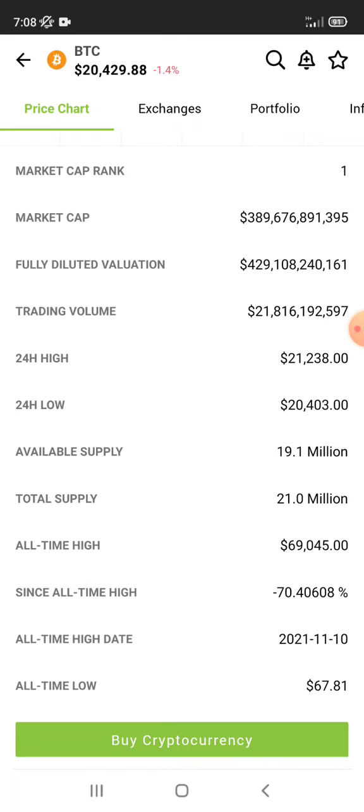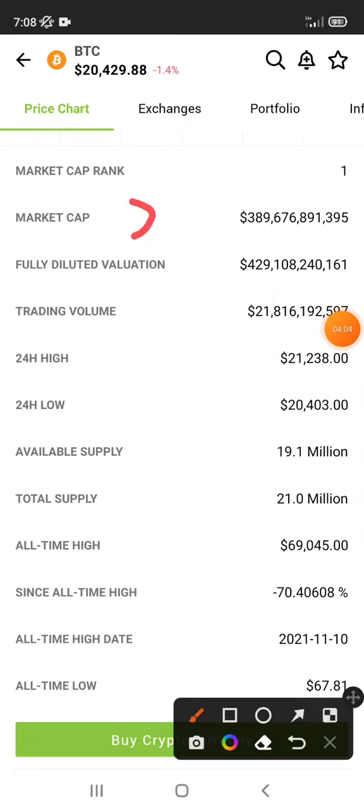So for Bitcoin, 3.89 trillion has been invested in it currently. That's why you see Bitcoin having a huge price. It came from an all-time high of $60,000 to this now. So that is it for the first terminology, which is market capitalization.